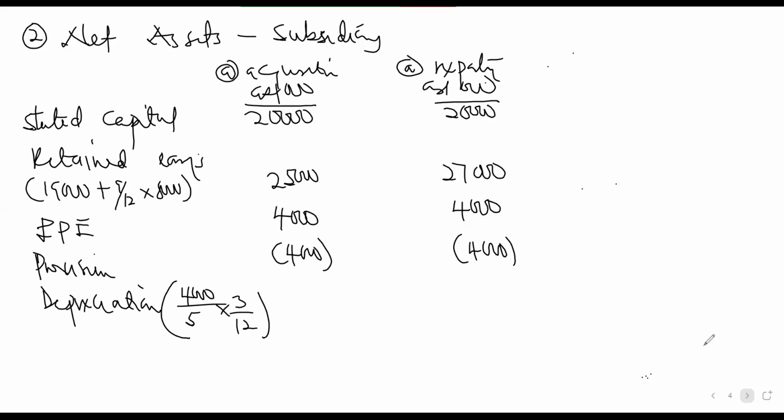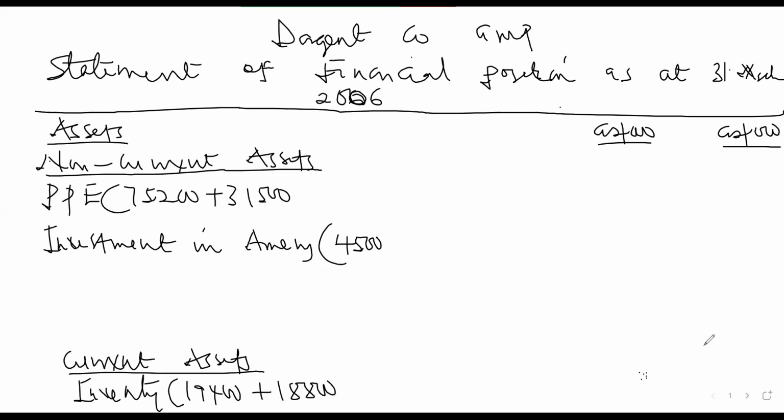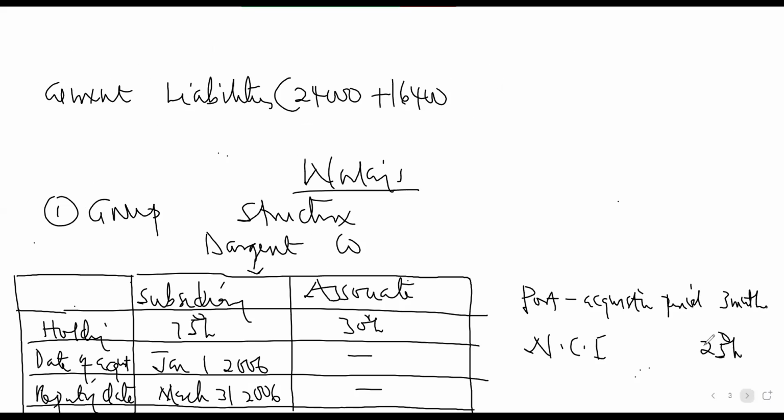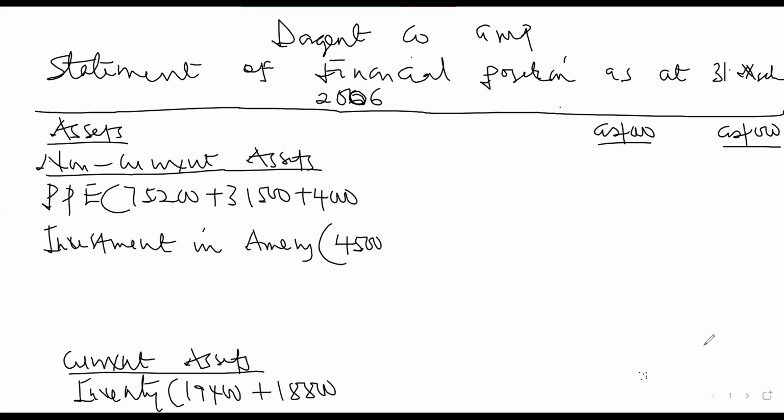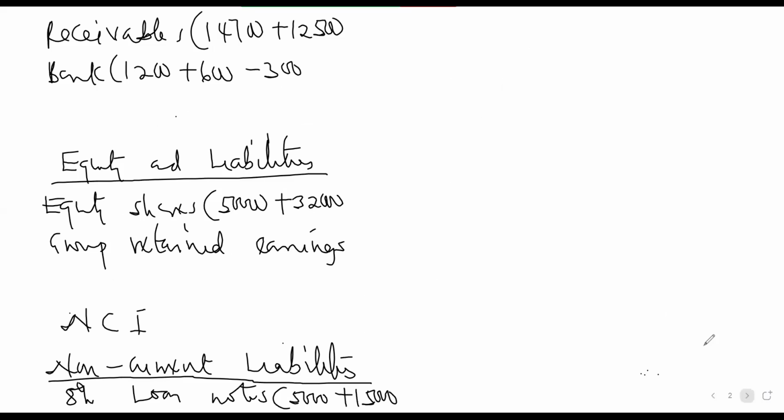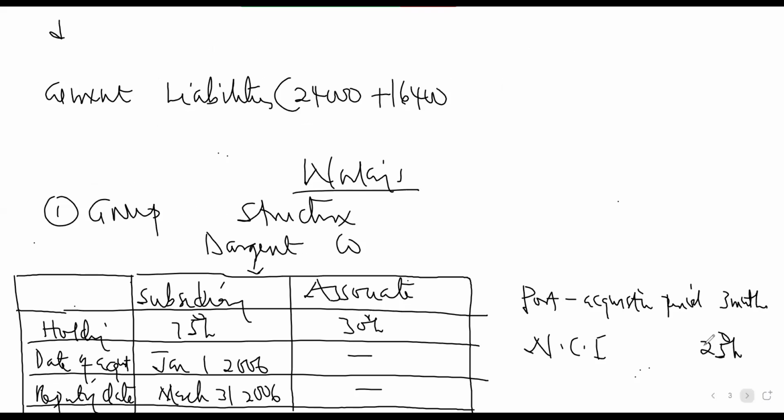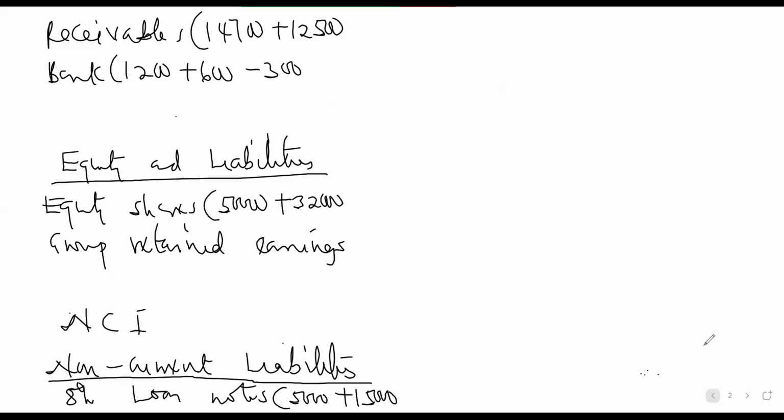So go to your assets. Your asset is going to increase by 4,000. Then your liability will now come. Provision has not been recorded. So you now have a provision over here of 4,000.